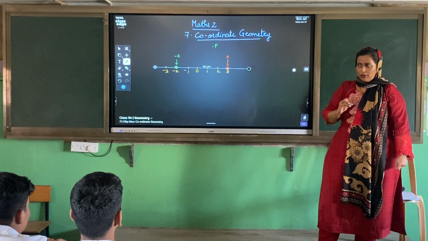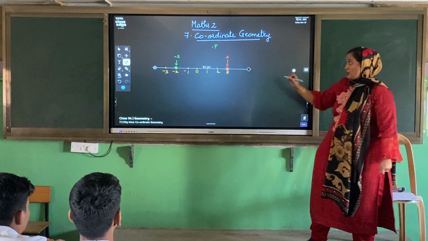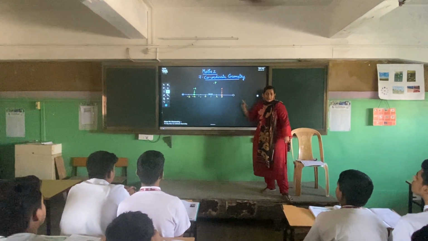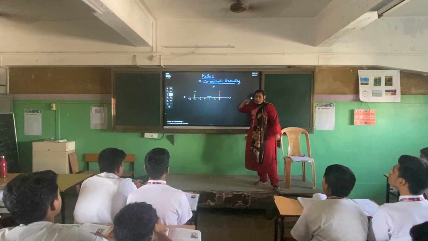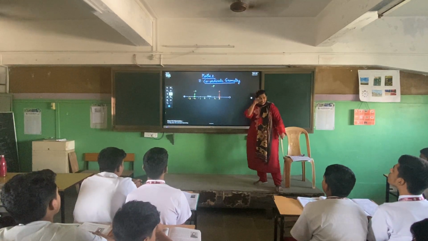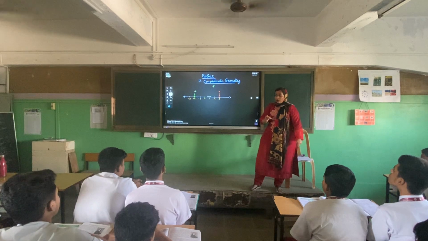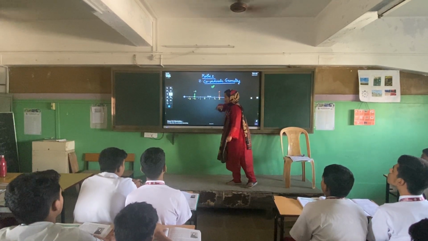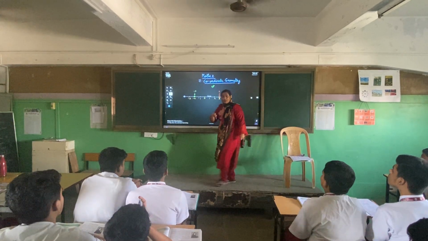Can we tell? It is outside the line. When it is on the line, I can tell you that minus 3 is on the left hand side or it is on the right hand side. But if the point is lying outside the number line, can we tell which particular point that is? No. We cannot tell what the number is over here, because that point P is not lying on the number line.